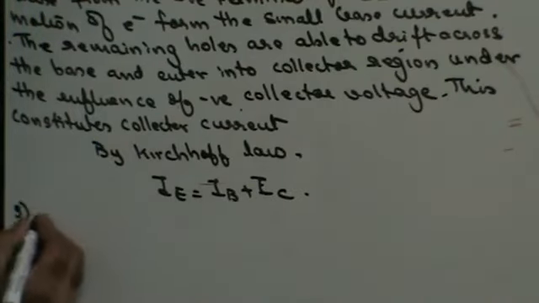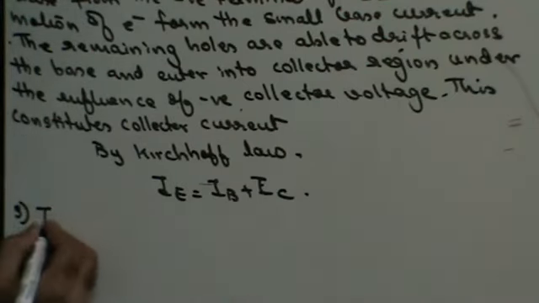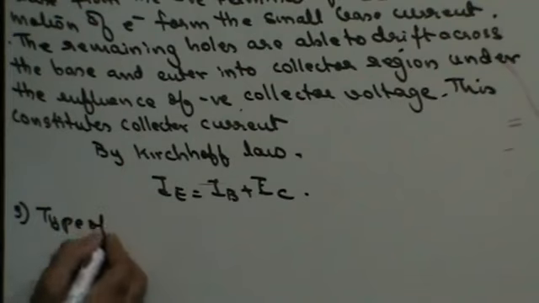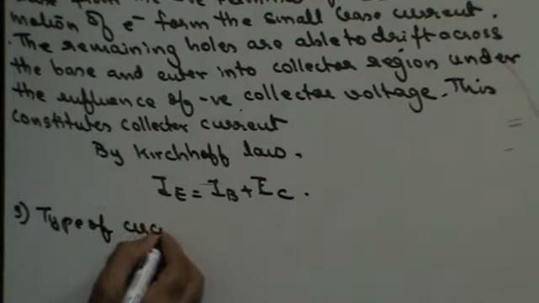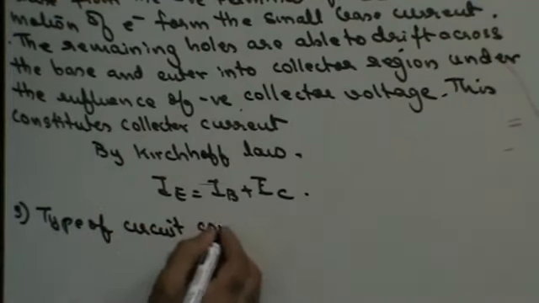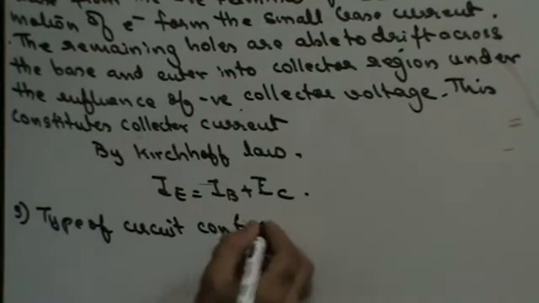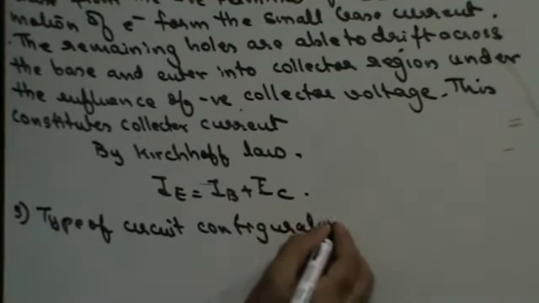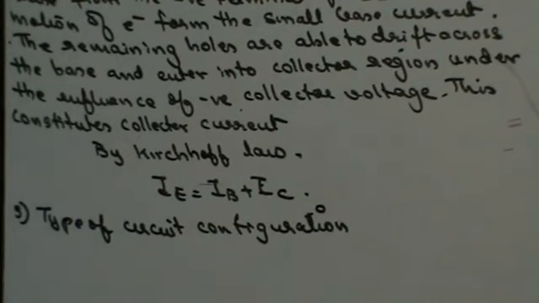Next, types of circuit configurations. There are three different types of circuit configurations that you can have. One is common base.